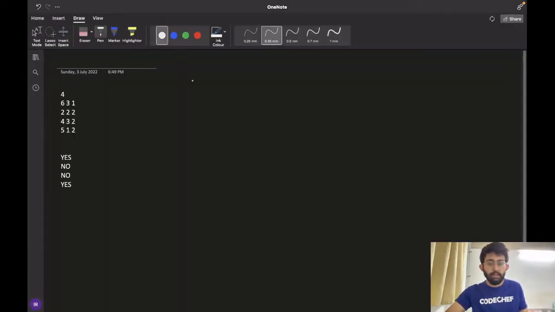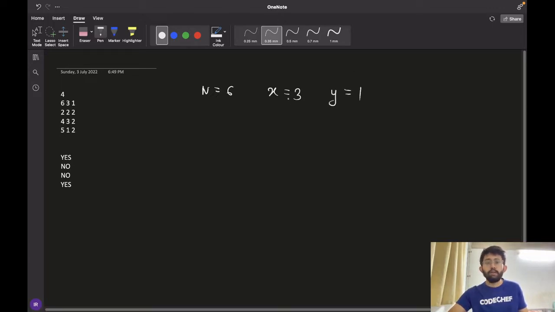For the first test case, the free space available to us, which is n, is equal to 6, and then we have x number of files occupying 1 GB each, so x is 3, and then we have y number of files occupying 2 GB, so y is 1 in this case. So now let's calculate the total space required for us. There are x files which take 1 GB of space, so x multiplied by 1, plus there are y number of files occupying 2 GB each, so we multiply by 2.